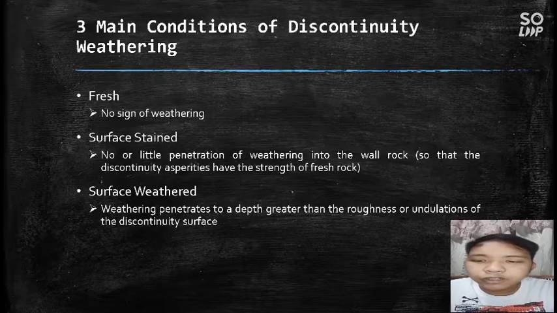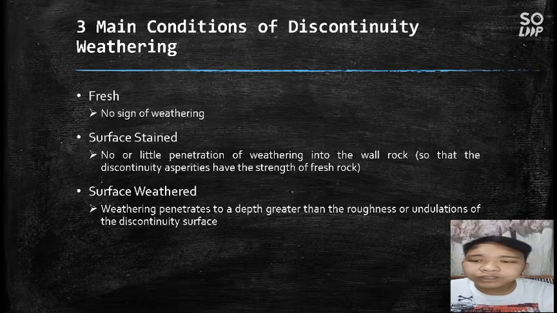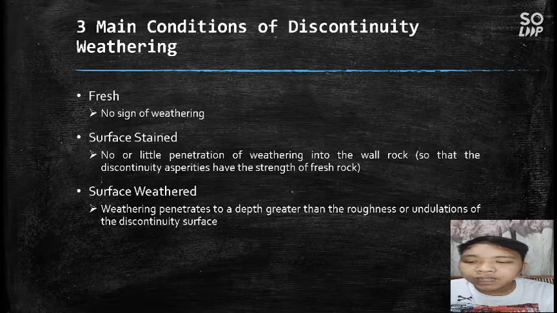Next is the three main conditions of the discontinuity weathering. So first is the fresh. Next is surface stained. Lastly is the surface weathered.